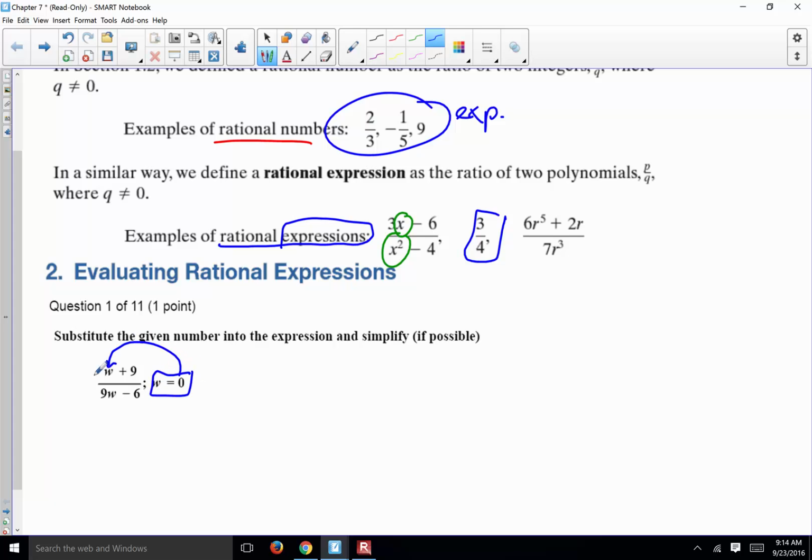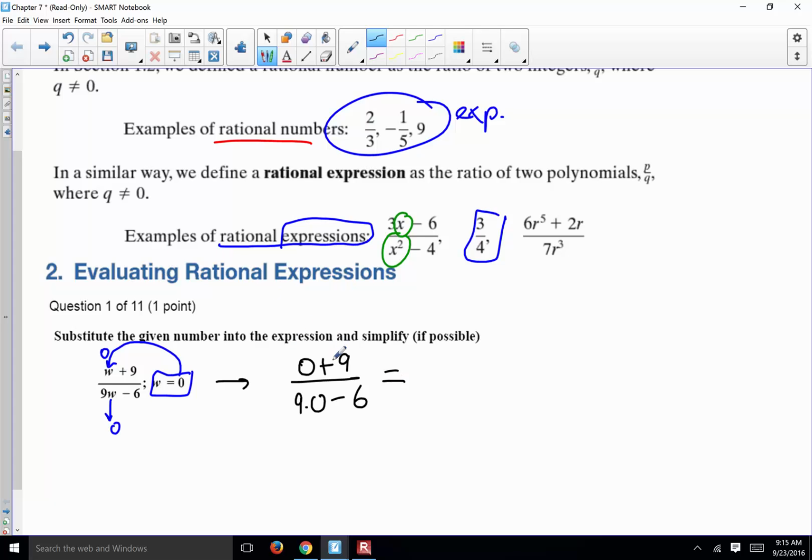So you need to make all W's 0 in this expression and simplify the result. So we have 0 plus 9 over 9 times 0 minus 6, and you need to simplify, don't leave it like this. And I know at this stage some of you will have trouble, trust me.